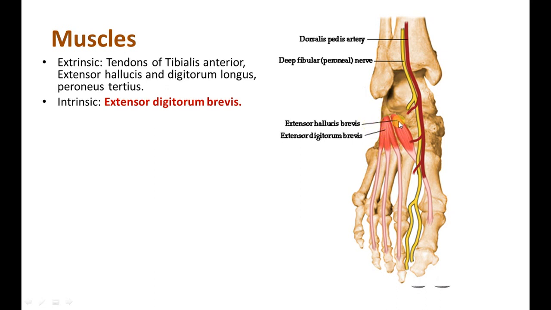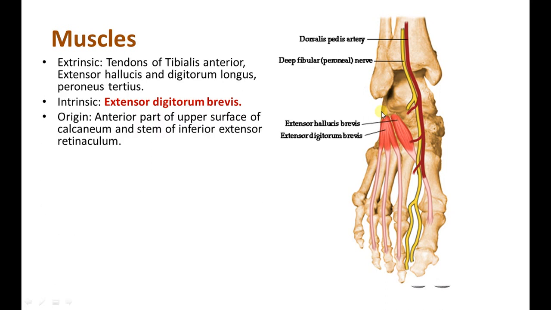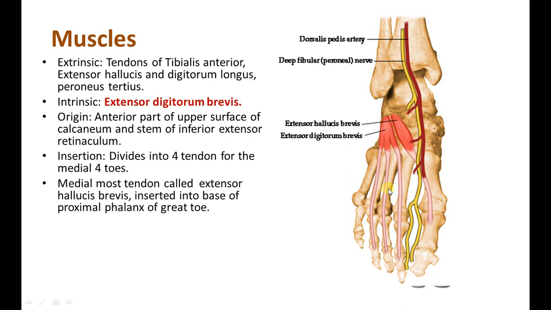It arises from the anterior part of the upper part of the calcaneum and from the stem of the inferior extensor retinaculum. Then it gives rise to 4 tendons. The medial most tendon is called the extensor hallucis brevis, and the lateral 3 tendons are called the extensor digitorum brevis.